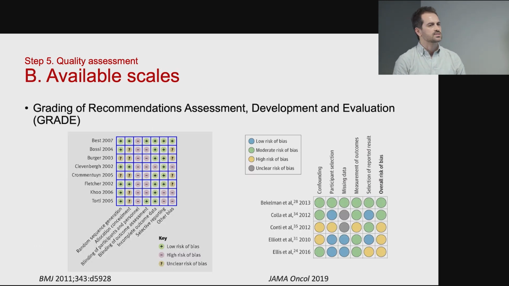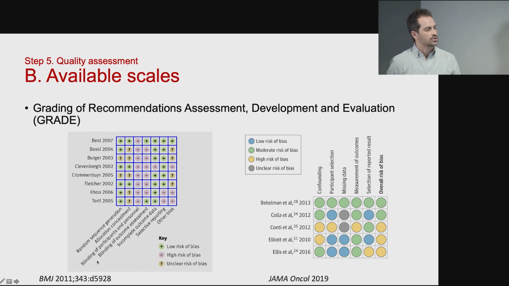There are some available scales for doing that. One is GRADE, Grading of Recommendations, Assessment, Development, and Evaluation. As you can see, the assessment is just green is okay, pink is not okay, and yellow is doubtful. So it's not a strict assessment, it's not a score.